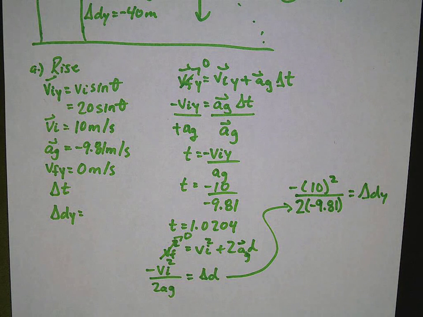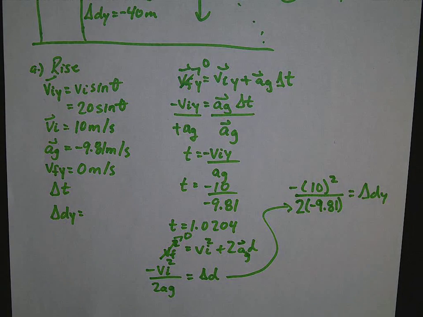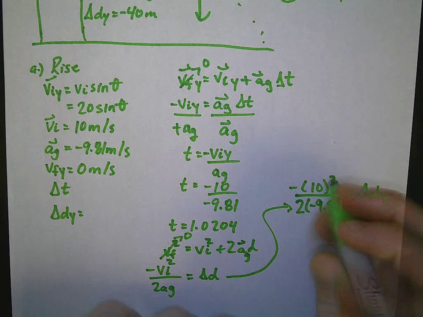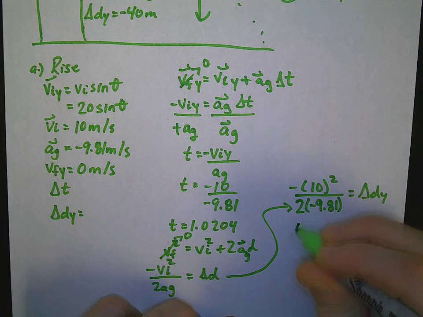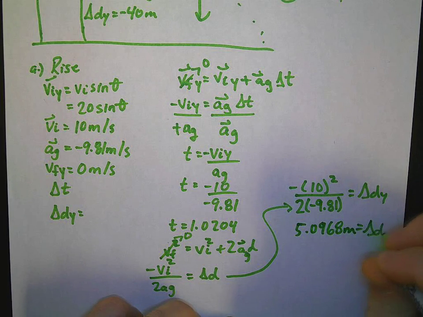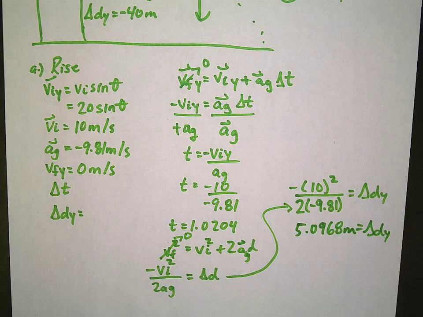If we were to divide these two, I realize I did not have my correct answer when I initially did this. That's why you hear me punching my calculator right now. That displacement is 5.0968 meters. That was added on to that height from the golf ball. And we need to use this for the next portion.